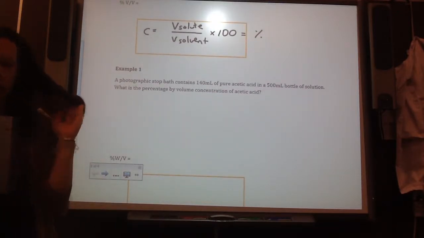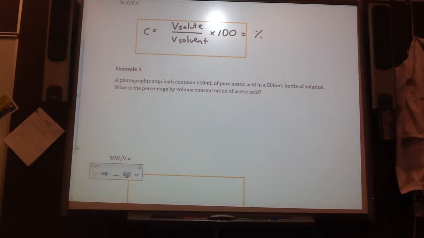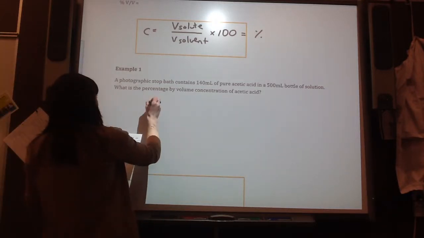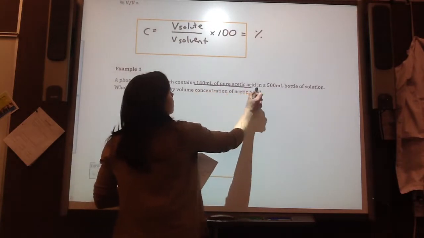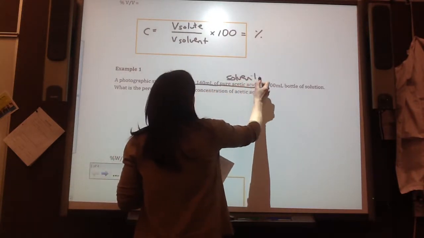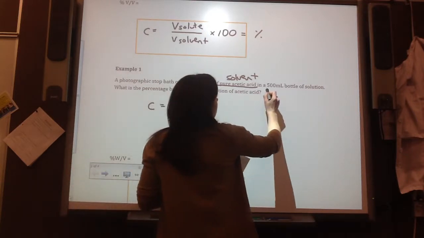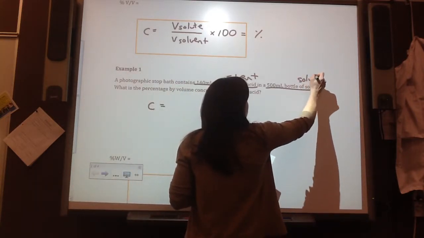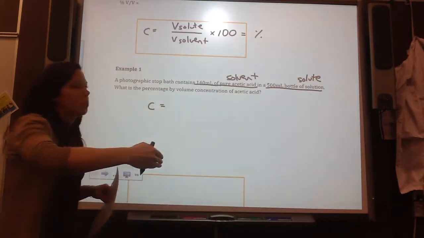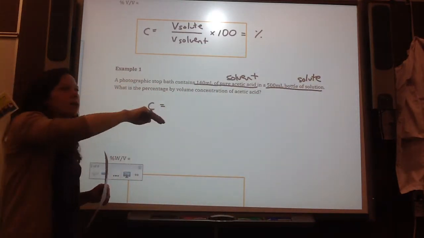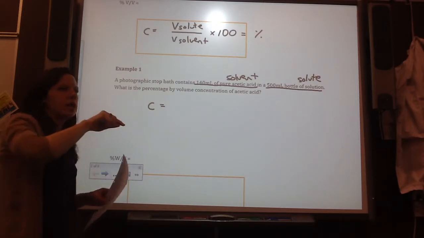So for example, a photographic stop bath contains 140 milliliters of pure acetic acid in a 500 milliliter bottle of solution. So that's like pure vinegar. What is the percentage by volume concentration of the acetic acid? So we're assuming altogether there's 500 mils of the solution, but only 140 of those mils are specifically acetic acid.